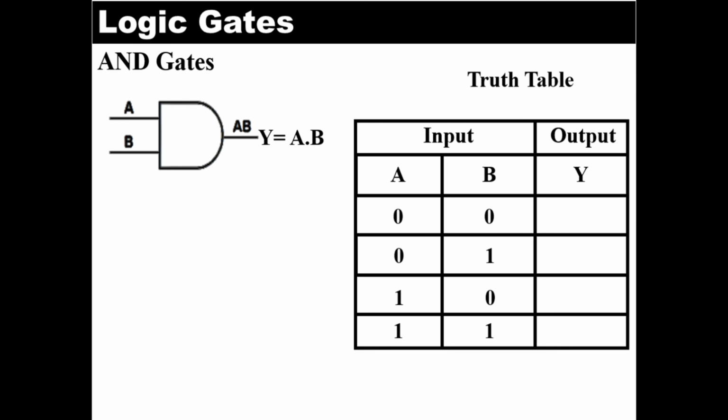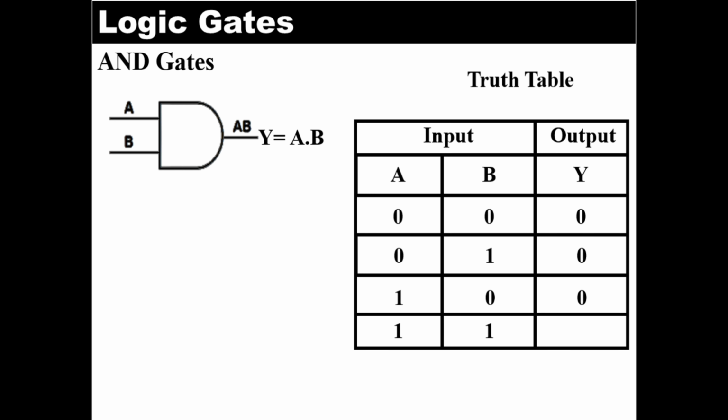Now we have to see what will be the output for all these possible values. If both inputs A and B are 0, then the output will also be 0. And if one input is high and one input is low, then also the output will be 0.